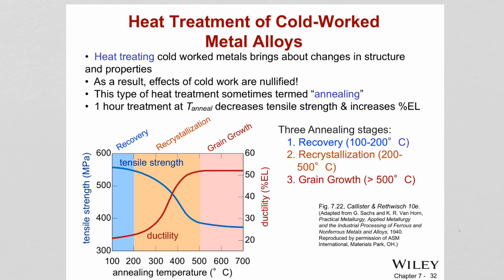So there are heat treatments that have to be done, and this is called annealing. We can reverse the effects of the cold work structure, and this way we can lower the strength and make the material more ductile. This way we can continue working on the sample.